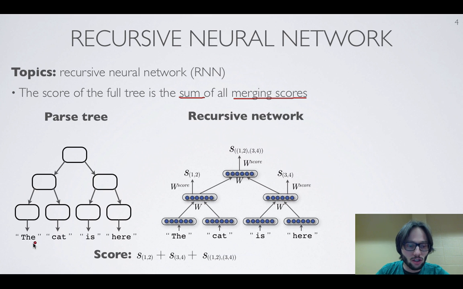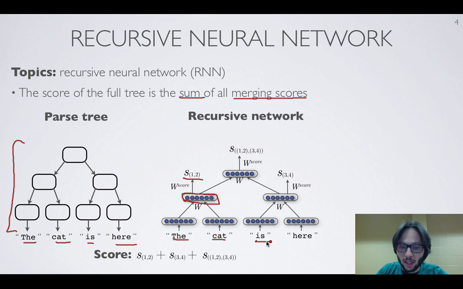So for instance, imagine that we had the small sentence, "the cat is here", and that we consider this particular parsed tree. Then the merges we'd have to do: we'd have to merge the representations of "the" and "cat" to get the representation here, and then our merging neural network would also give us as output a score which I'm calling S12, because it's scoring this subtree which merges 1 with 2.